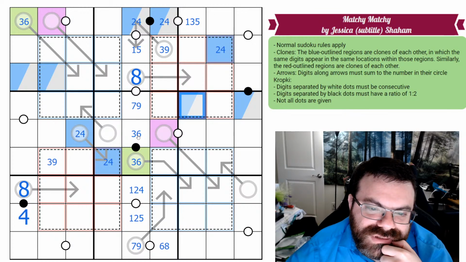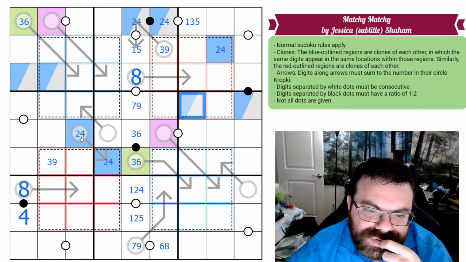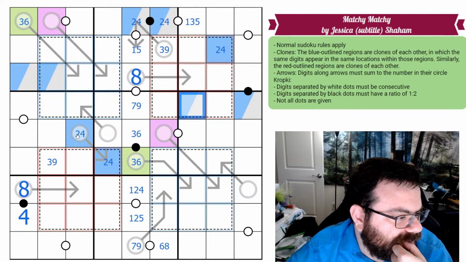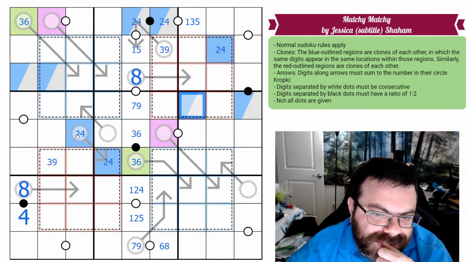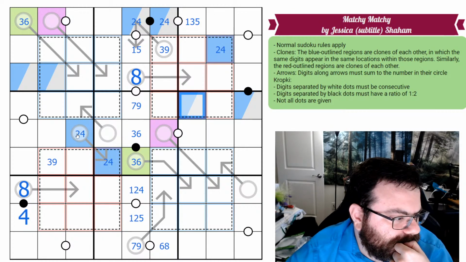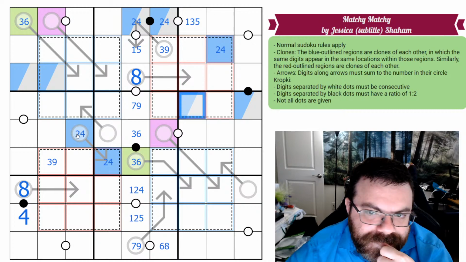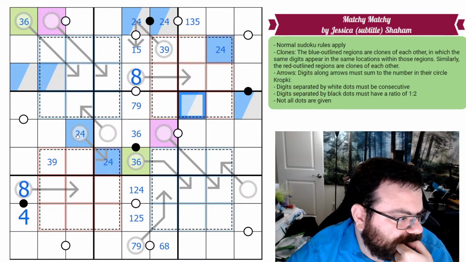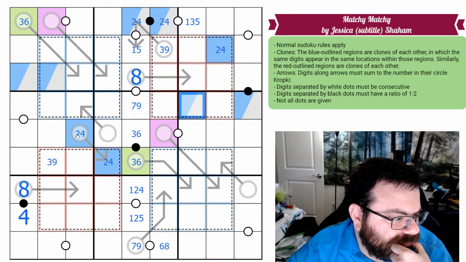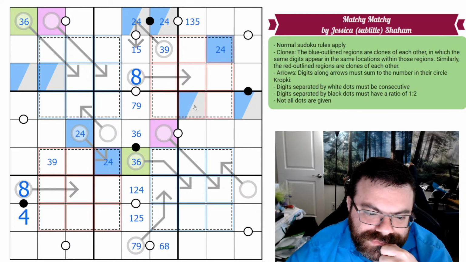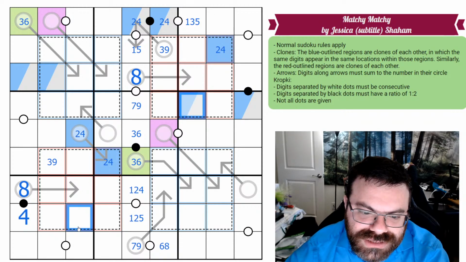So row 5, column 3. I see. These two are the same.